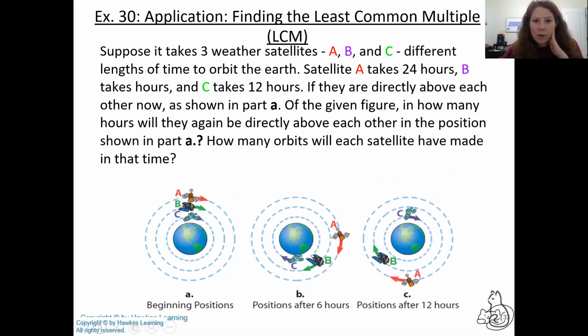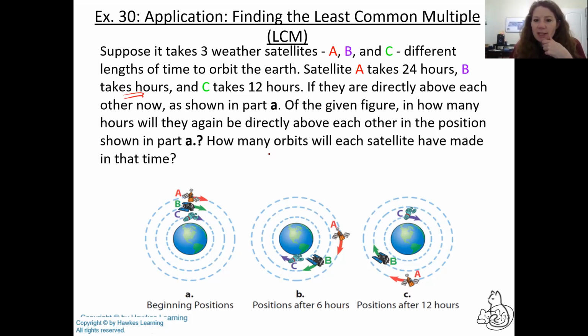Suppose it takes 3 weather satellites, A, B, and C, different lengths of time to orbit the Earth. Satellite A takes 24 hours. B takes, oh, it just says hours. It doesn't say how many. B takes hours, and C takes 12 hours.